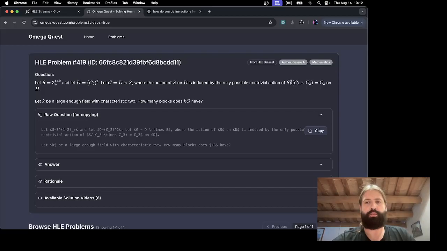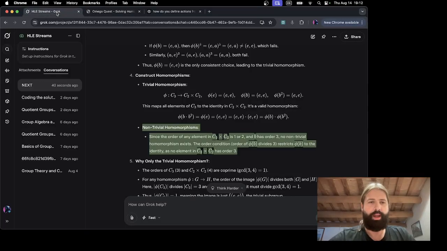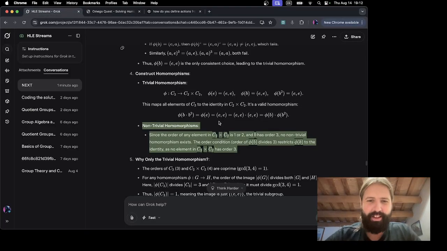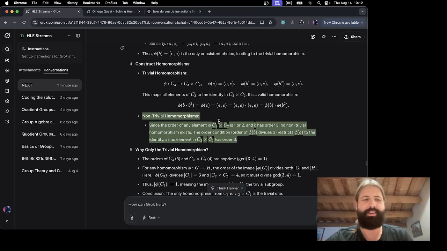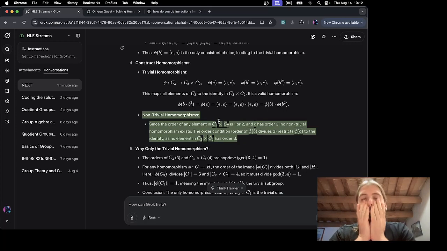Unless for some reason I would need to look at these, not at C3. But if it's isomorphic, then it seems like I should be able to look at these. I must be doing something wrong.